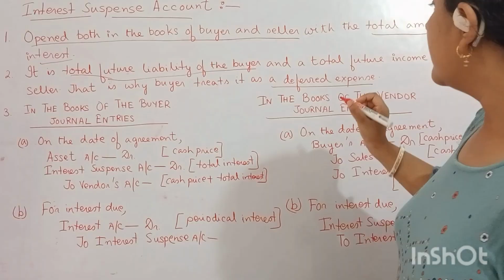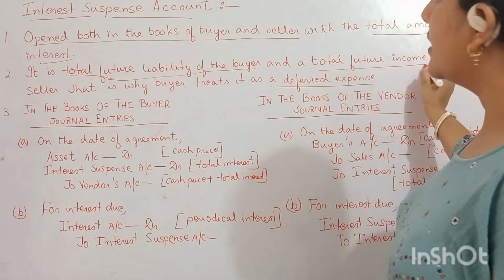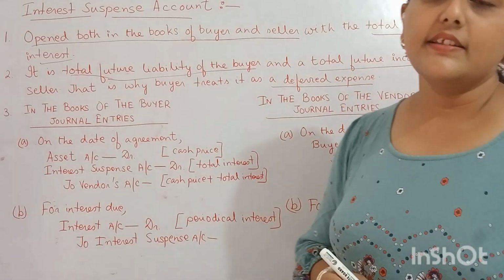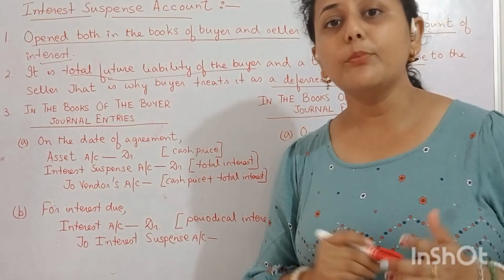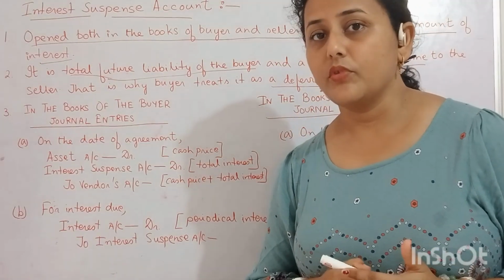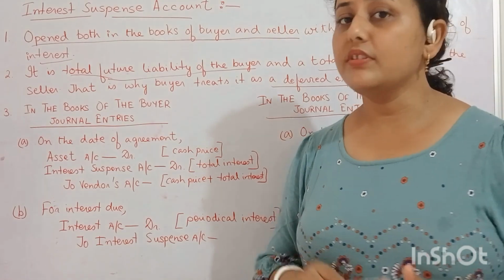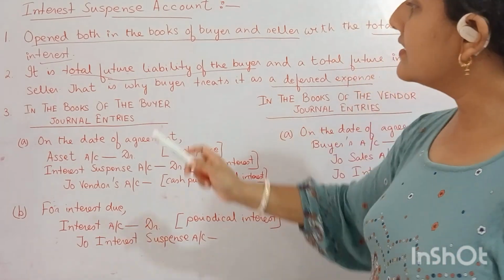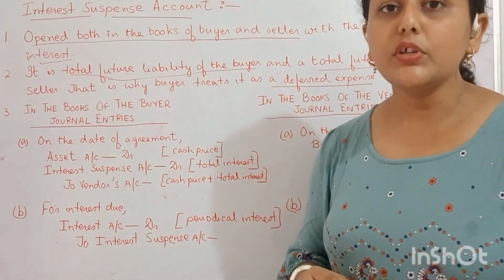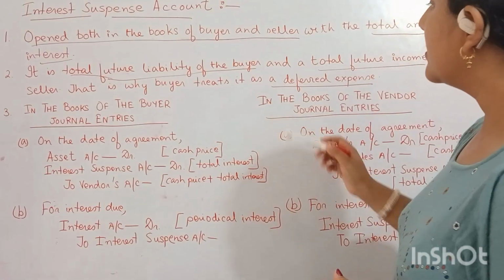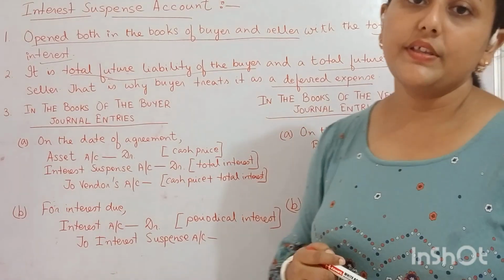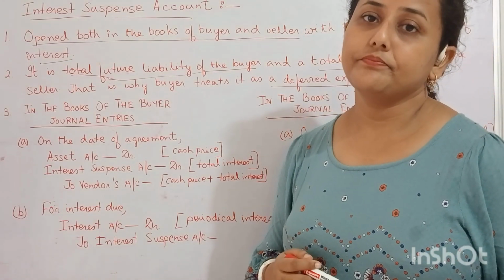Then it is a total future income to the seller. It is a liability of the buyer and an income to the seller. Since it is a total future liability of the buyer, it is treated as a deferred expense by the buyer.